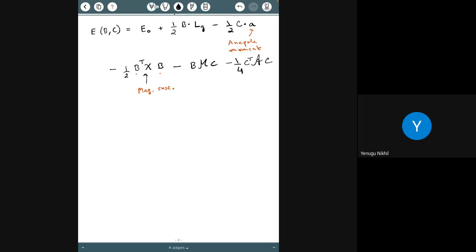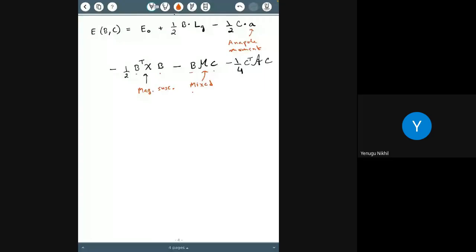So this is the magnetic susceptibility. And now since we have C also, we have some other second order terms. So there's a next term which involves the coupling of the uniform part and the curl part. And the quantity in the middle, which is the property of the system, is called the mixed anapole susceptibility.